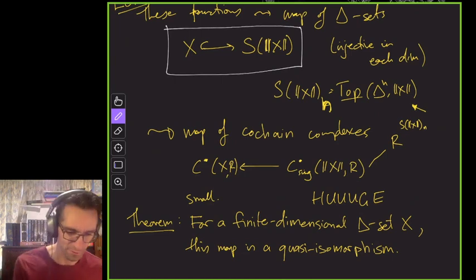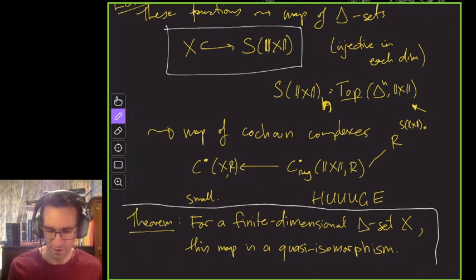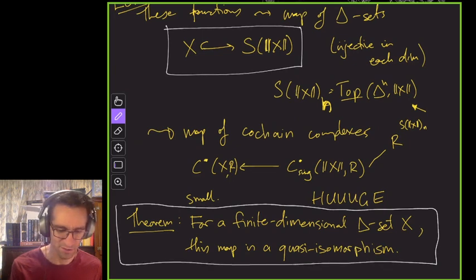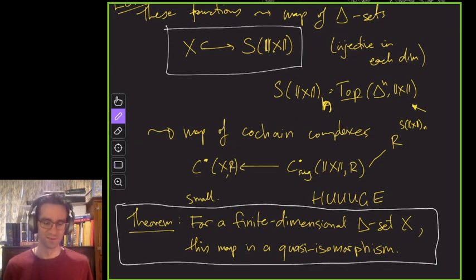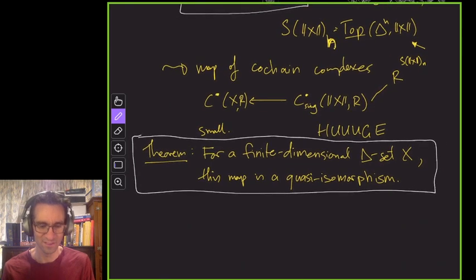Okay, so this is a big theorem. Because if I have a space and I know it's the geometric realization of something, then I can calculate its cohomology using the delta set.